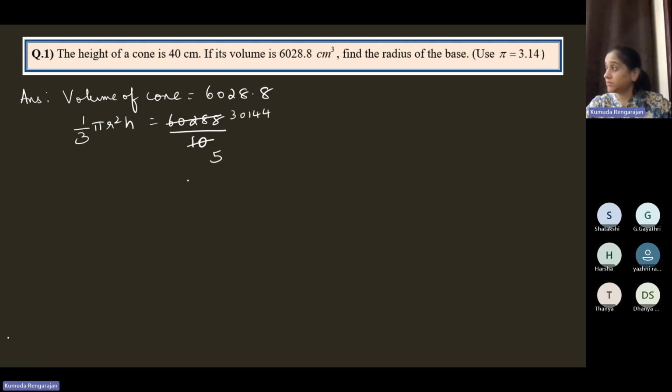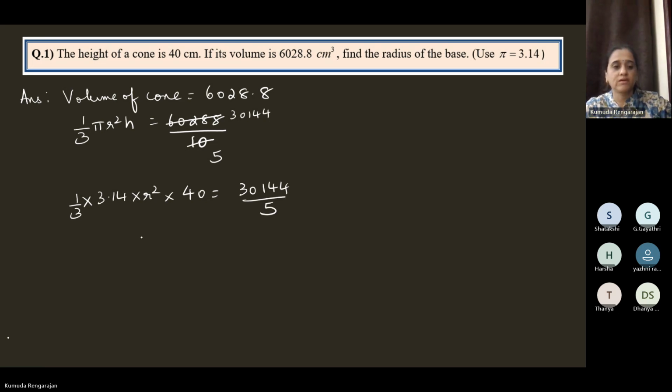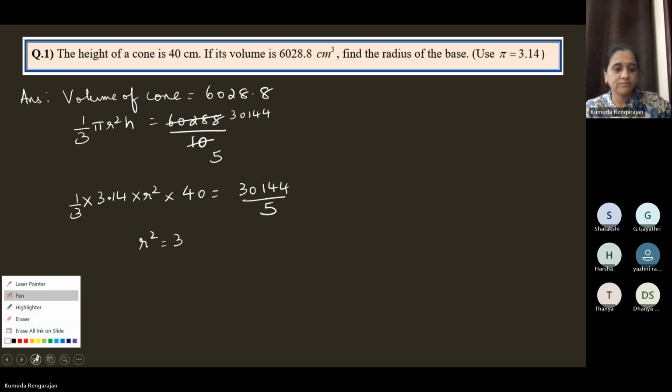30144. Correct? Next step, 1 by 3 into pi, which is given as 3.14, into r squared into h is equal to 30144 by 5. So r squared will be, you can write this 3.14 as 314 by 100, right?